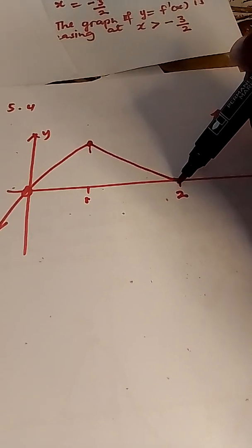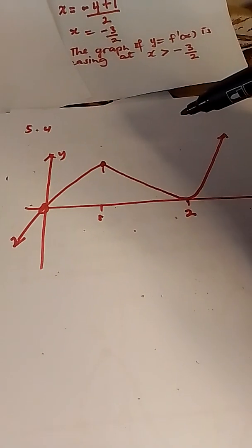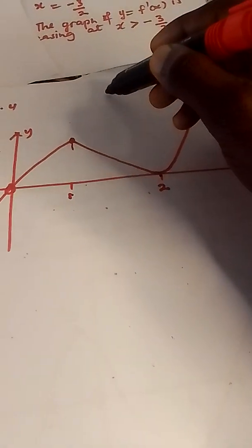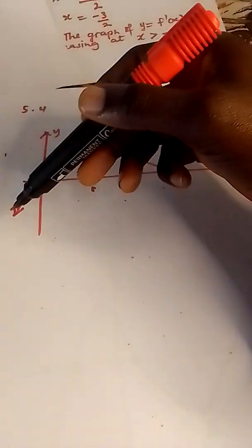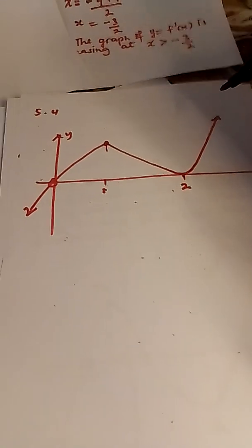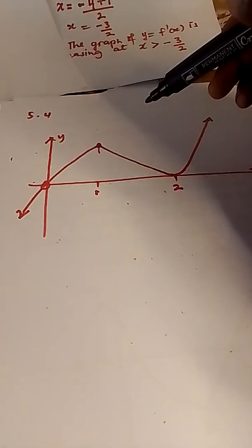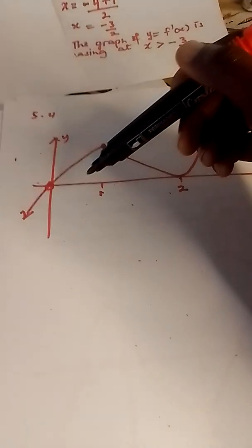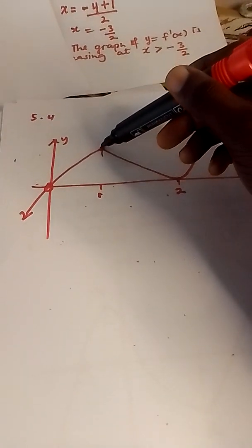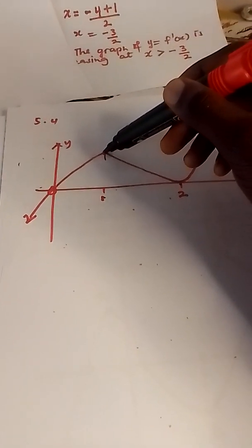So that is the minimum turning point. Since the graph of the parabola is smiling, the shape of the original cubic function must also have a maximum before a minimum turning point. So I have that picture in mind. I draw through the origin, since I was not given any y-intercept, but it must pass through this point here. You can put it anywhere.